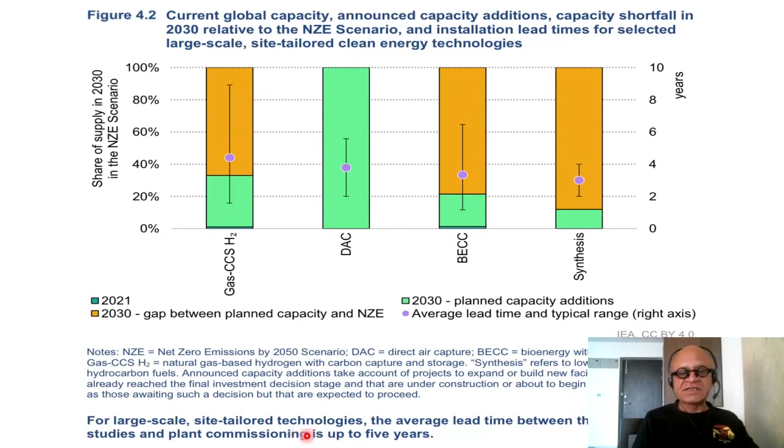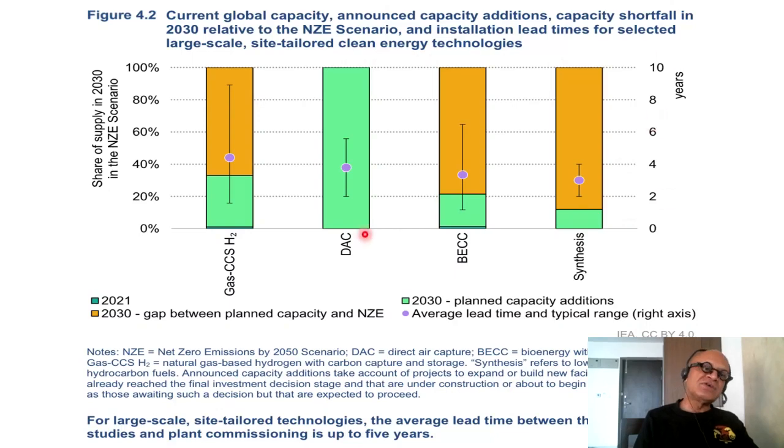For large-scale site-tailored technologies, the average lead time between the first feasibility studies and plant commissioning is up to 5 years. So keeping that in mind, current global capacity, announced capacity additions, capacity shortfall in 2030 relative to the net zero emission scenario, and installation lead times for selected large-scale site-tailored clean energy technologies.